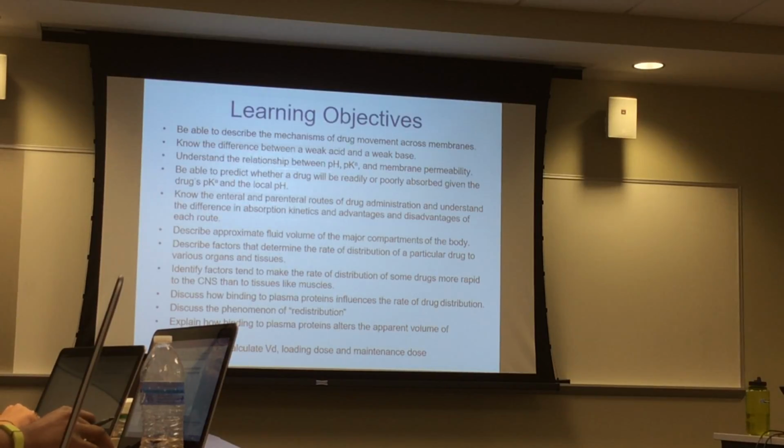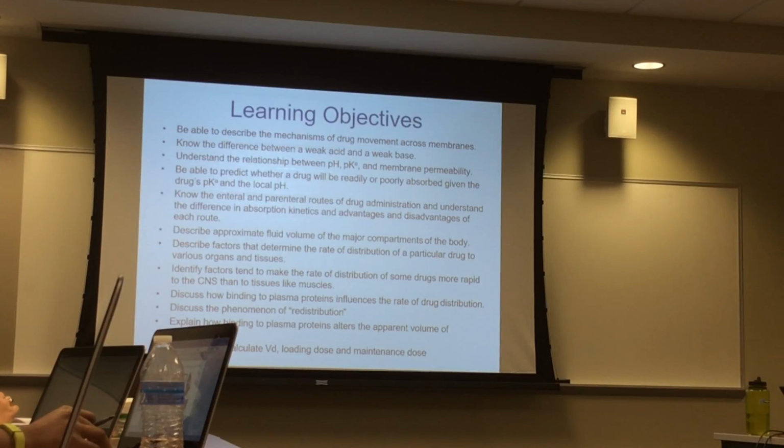Also, you need to know the different routes of administration of drugs, enteral drugs versus parenteral drugs, and describe fluid volume for the major compartments. You know how much of total water we have, or extracellular fluids versus plasma versus just blood.